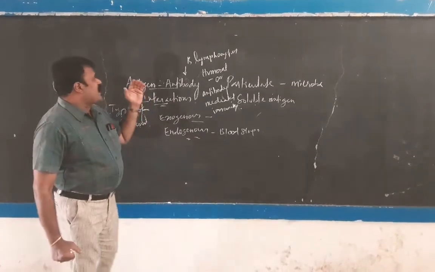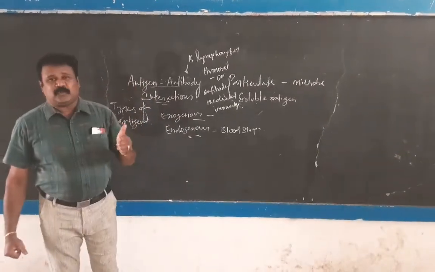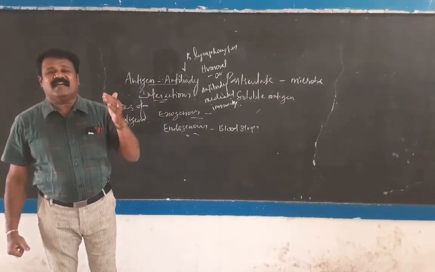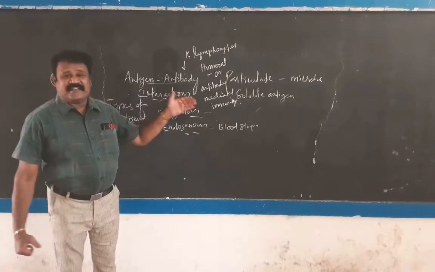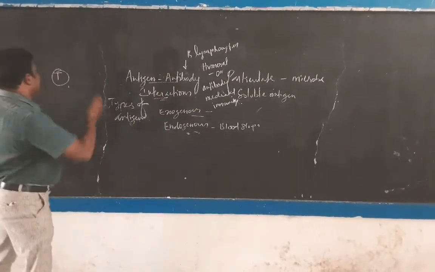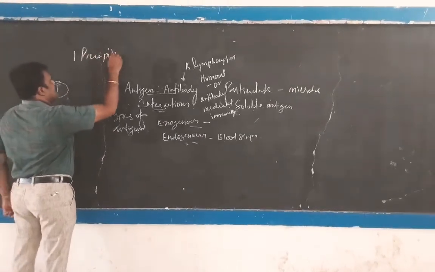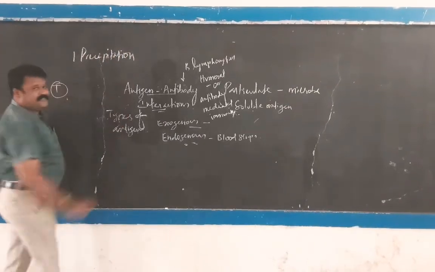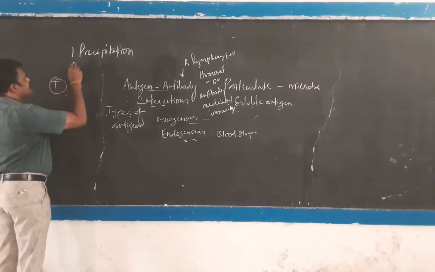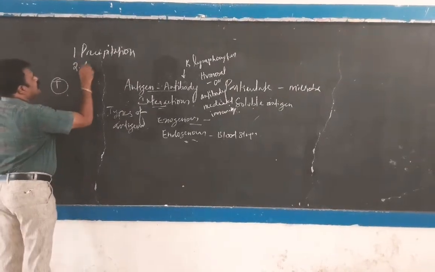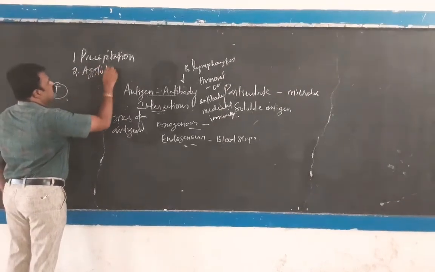There are 4 steps through which the antigen-antibody reaction takes place. First one is precipitation. Precipitation is the first step. Second step is agglutination.